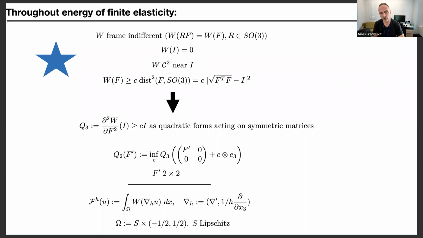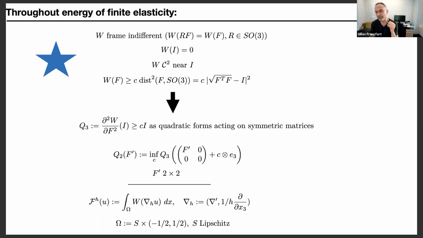So that's what is written here, that W of F is greater than the square of the distance to the rotation. And because of frame indifference, using polar decomposition, you can show that this distance squared to the rotation is the same as taking F transpose F, which is a symmetric matrix, taking its square root and evaluating the norm of its difference to the identity.